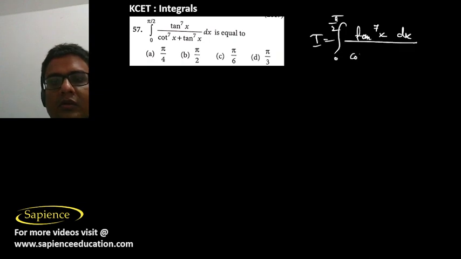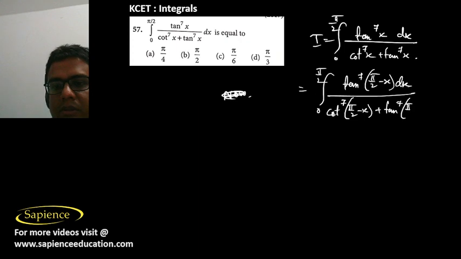Then question number 57 is to find the integral 0 to pi by 2 tan power 7x dx by cot power 7x plus tan power 7x. Now this integral can also be written as 0 to pi by 2 tan power 7 of (pi by 2 minus x) by cot power 7 of (pi by 2 minus x) plus tan power 7 of (pi by 2 minus x).